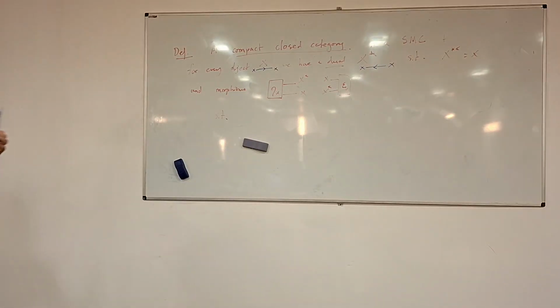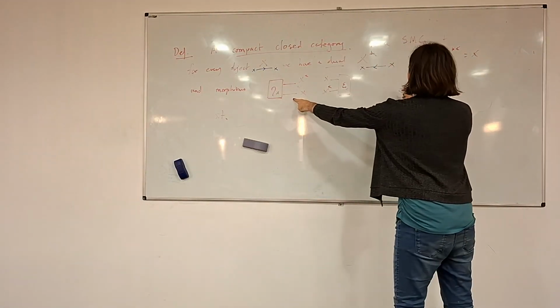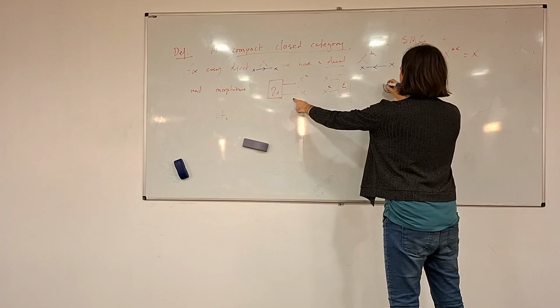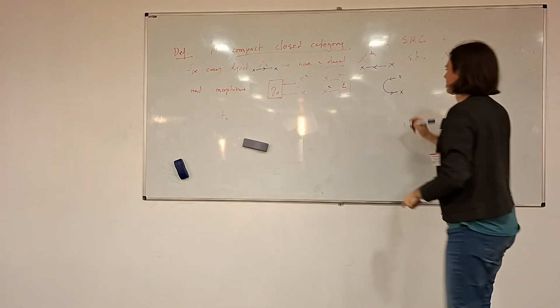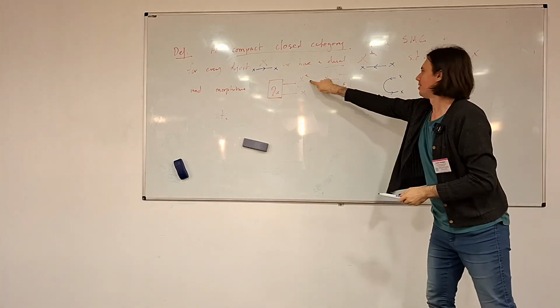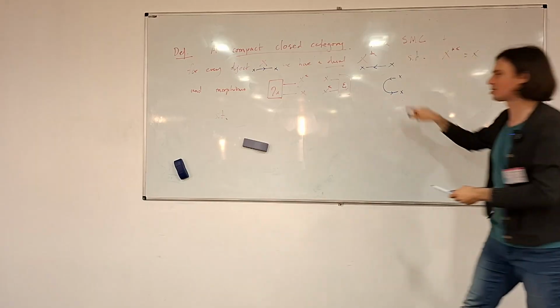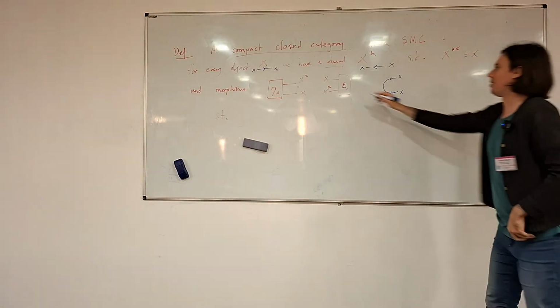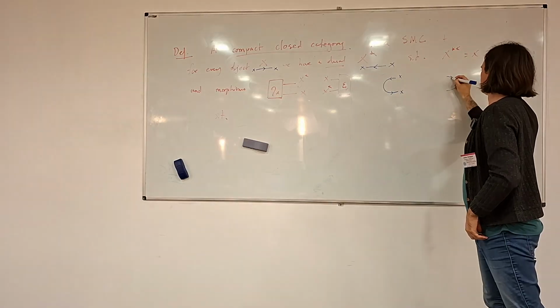But now I need to start labeling my strings with an orientation. And this thing I'm going to draw as a turnaround this way, so x, x. So this thing, x with a left arrow means x star. This thing, x with a right arrow means x. And then this one is going to be this way.